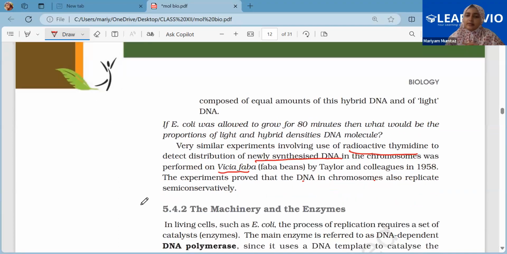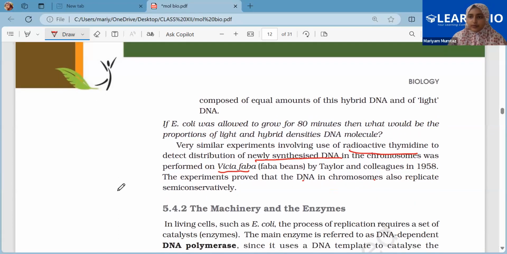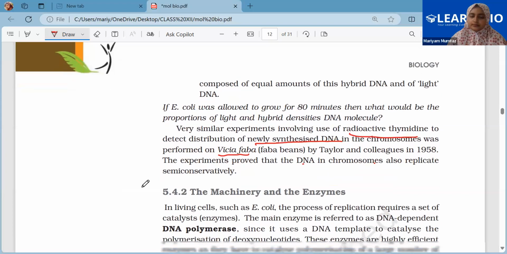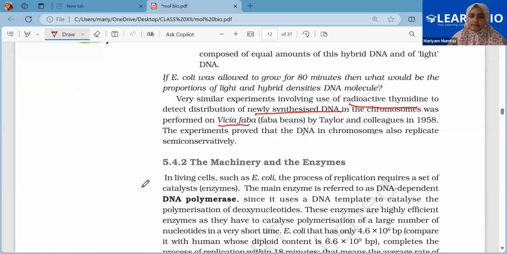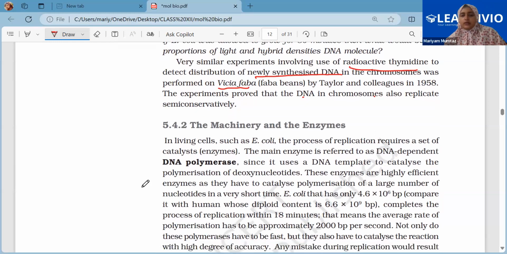Okay, so the DNA being semi-conservative is clear to you people? Yes, ma'am. Okay, good.